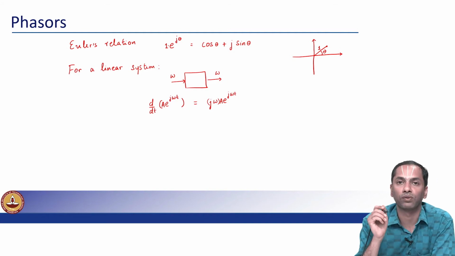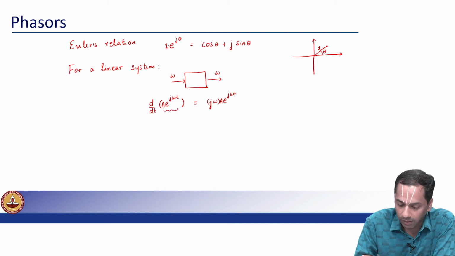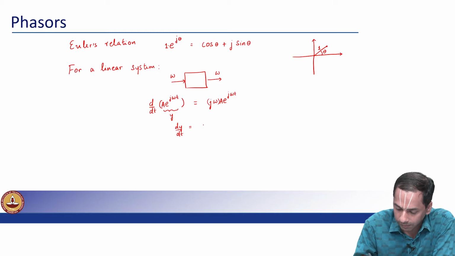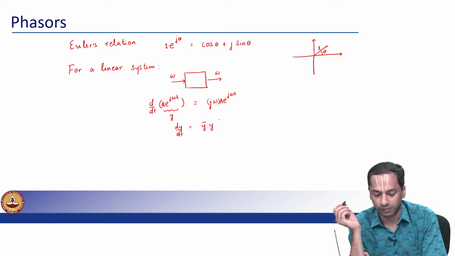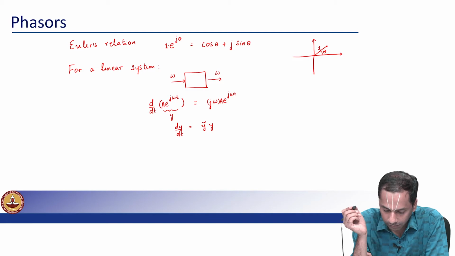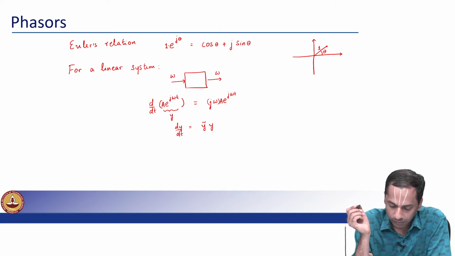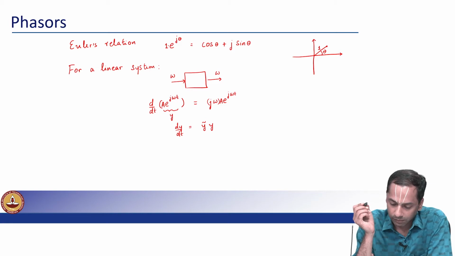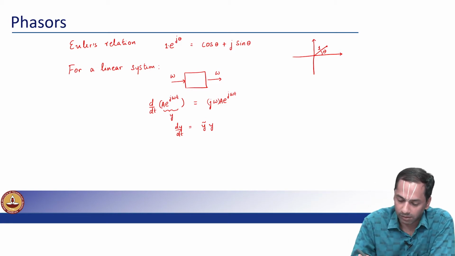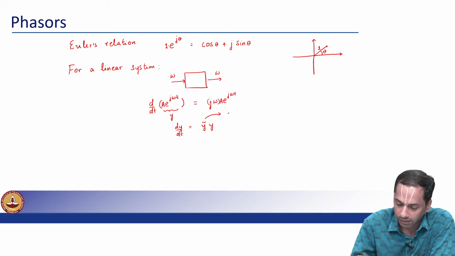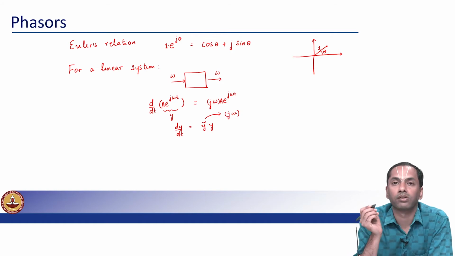So this is a very useful feature where if I call this function y, dy by dt is essentially some scalar, let us say y tilde, times y, where this y tilde is essentially j omega in the case shown above, right?